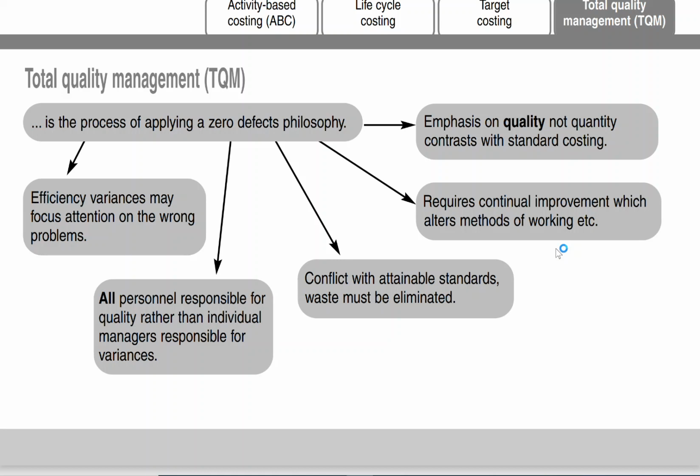Even if you don't achieve that the first time, you should have a goal of zero defects, and you should try to achieve it. Emphasize the quality of the product, not quantity. If you're not able to produce a certain quantity at the right quality, then you should reduce the quantity. Don't just emphasize quantity.